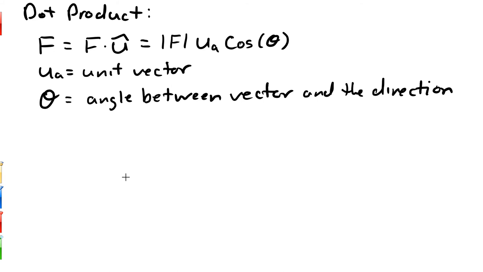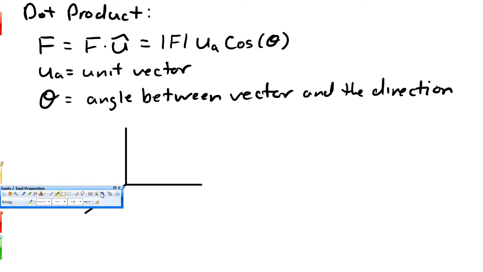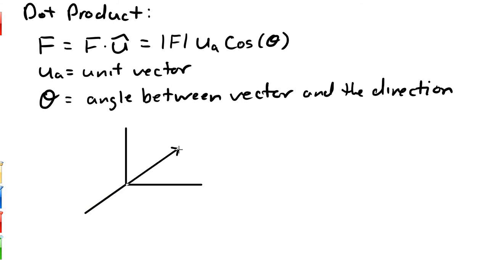You've got your Cartesian coordinates where you've got an x, y, and a z, and then you've got some force pointing up this way, and you'll have an angle alpha, which is between your force and the x-axis.